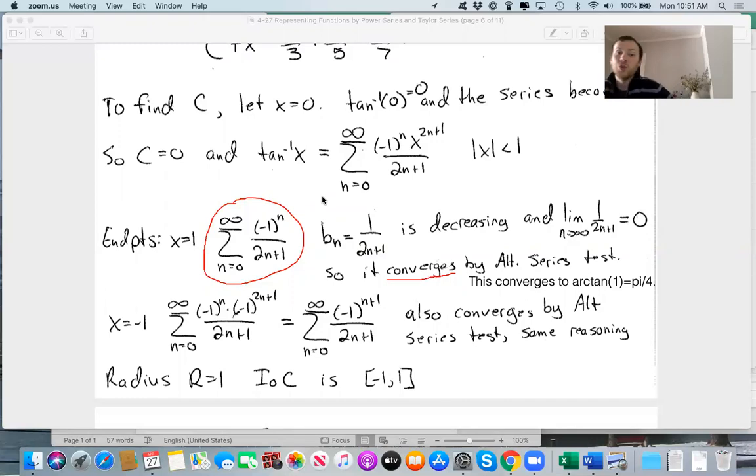So this is a big new way of finding sums of series, by really saying, well, I know this series represents a function, so instead of thinking of it as a series, take that x and put it into the function and just see what that is. So in particular, if we multiply this series by 4, it gives you a series that sums up to pi.